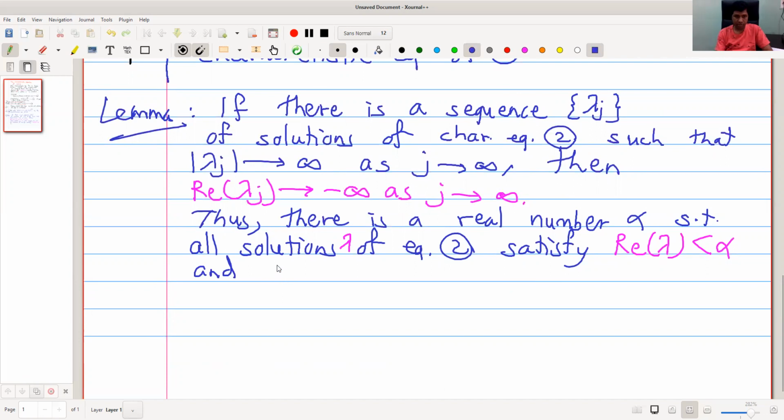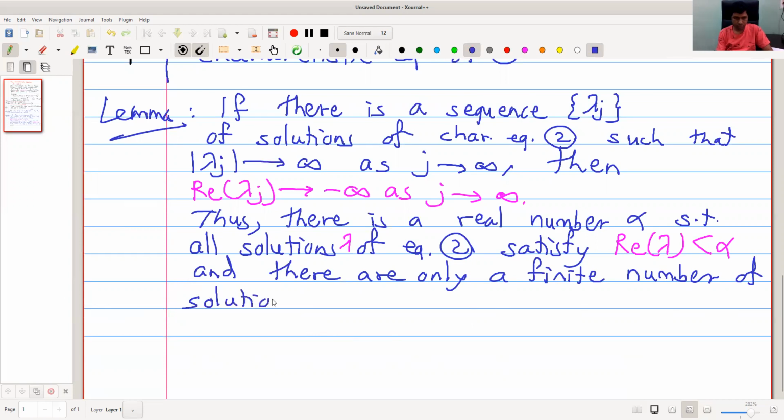And there are only a finite number of solutions in any vertical strip in the complex plane.